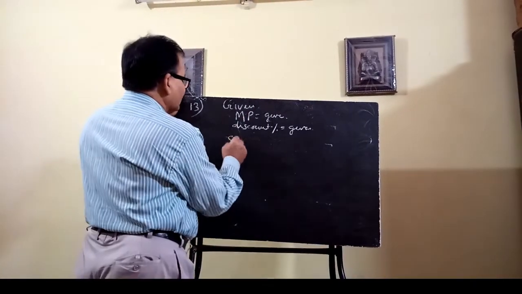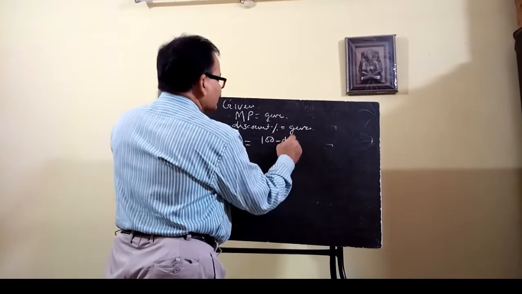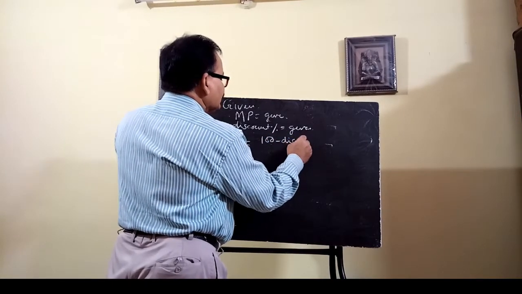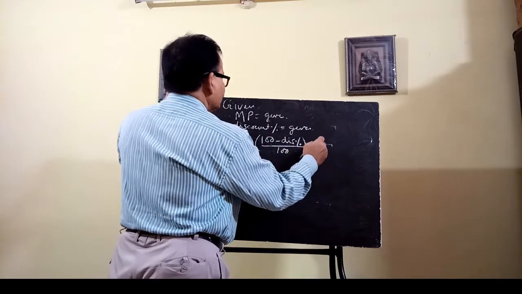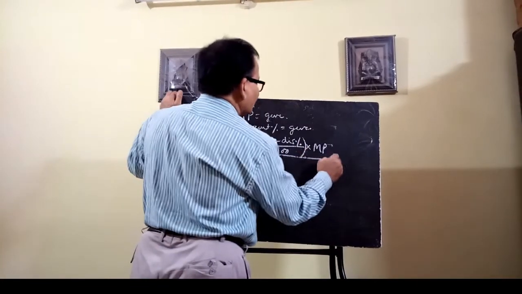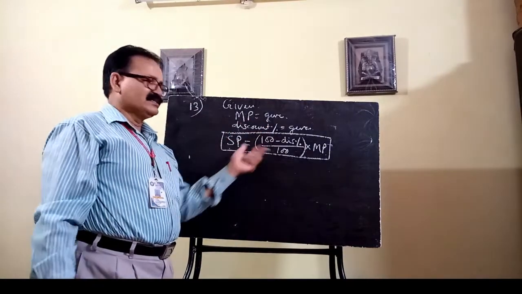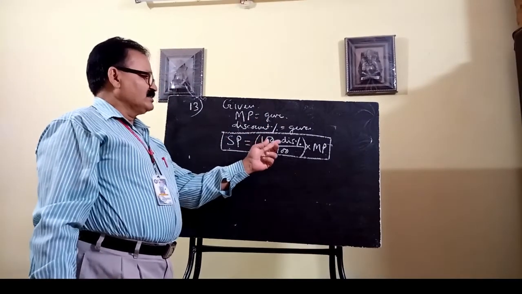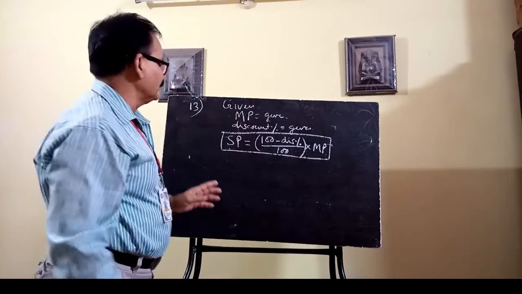So you have to find out SP. SP is your 100 minus discount percent by 100 into MP. You will directly find out the SP by using this formula. Okay, discount is to be subtracted. That is 100 minus discount percent by 100.